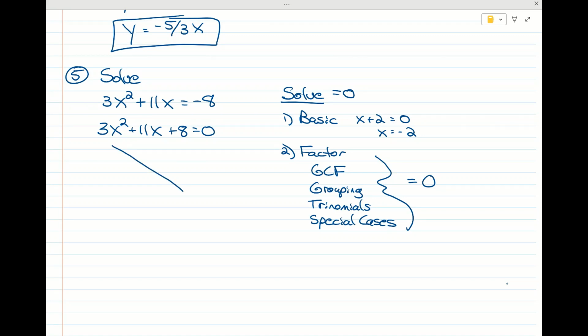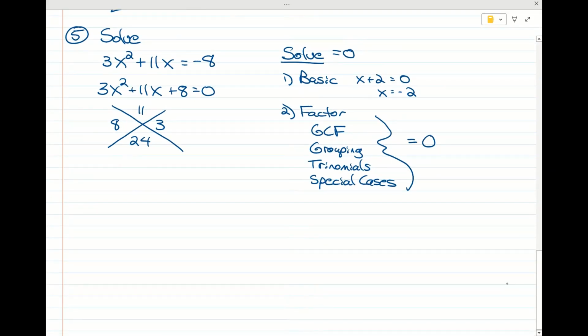In order to factor this, we multiply 3 times 8, which is 24, and we look for numbers that add up to be 11. So 8 and 3 multiply to be 24, and they add up to be 11. So instead of writing 3x squared plus 11x plus 8 equals 0, we could break up this 11x to be 8x plus 3x.